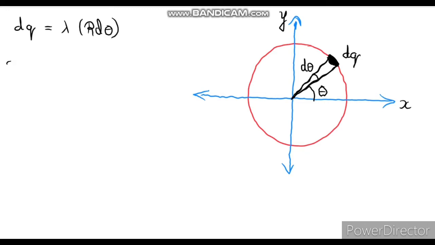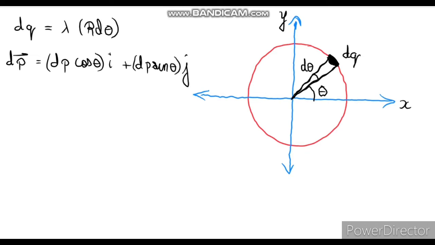Now the dipole moment for this differential element can be written as dp cos theta i cap plus dp sin theta j cap, where the value of dp will be equal to r into dq, that is dp is equal to lambda r square d theta.